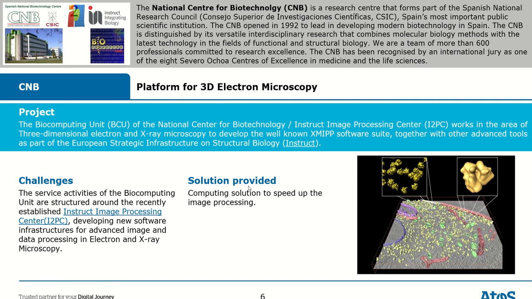Apart from focusing on COVID-19 now, they lead a project to gather all the tools and software to process the output of an electron microscope. And this is part of a European project called Instruct, and they are the image processing partner of this project.